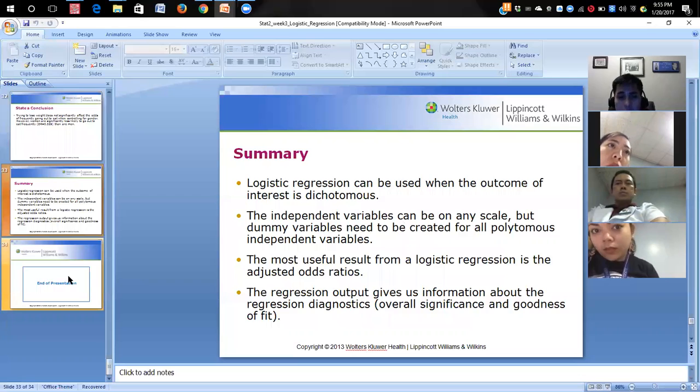But this is the reason why logistic regression is very appealing to epidemiologists, because in epidemiology, we simply look at exposed or not exposed as our independent variable, and then disease or no disease as our dependent variable.